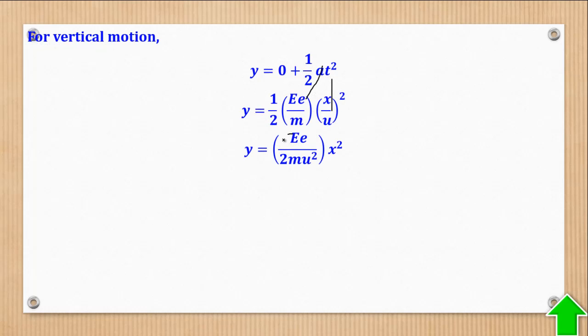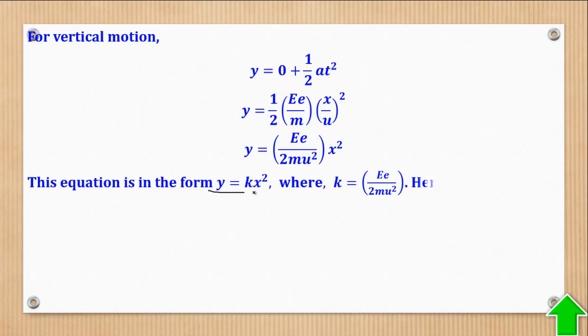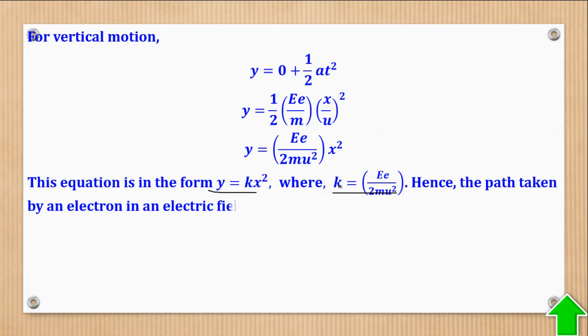Rearrange, you realize that the whole of this is constant. Therefore, the equation is in the form y equals Kx squared, where K is that, hence the path of an electron in an electric field is parabolic. Why? Because this is the equation of a parabola. So that's how marks will be awarded.